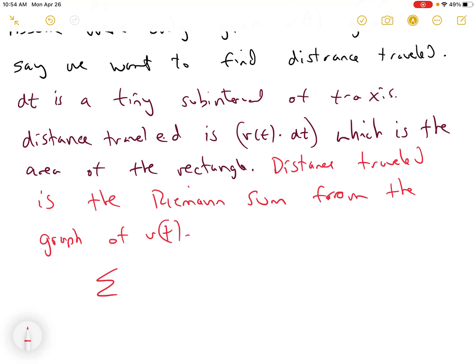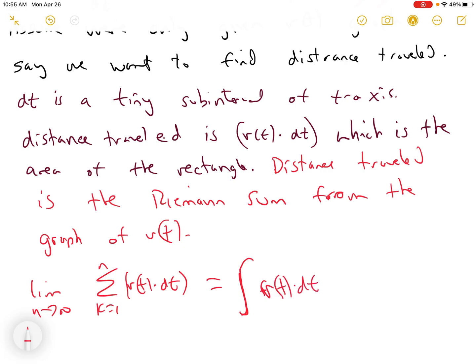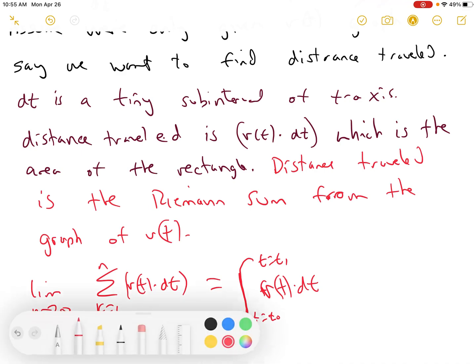Now we have this Riemann sum from k equals 1 to n of v of t times dt. It really should be delta t, but I'm just going to leave it like that. And so when you take the limit as n goes to infinity of this sum, we define the integral of v of t dt from t equals t naught to t equals t1 to represent the area.